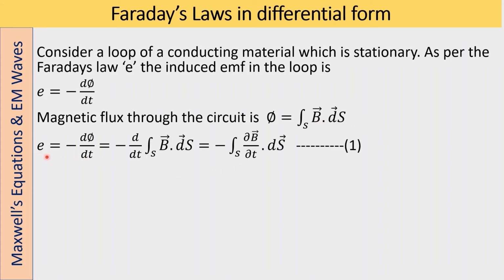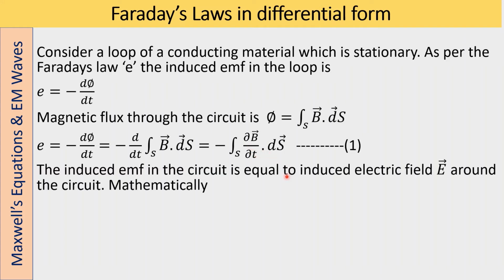Therefore E is equal to minus d phi by dt, so minus d by dt of the surface integral of B dot ds, which is equal to minus the surface integral of del B by del t dot ds. That is equation 1. So the induced EMF in the circuit is equal to the induced electric field E around the circuit. Mathematically, E is also equal to the line integral of E dot dl.